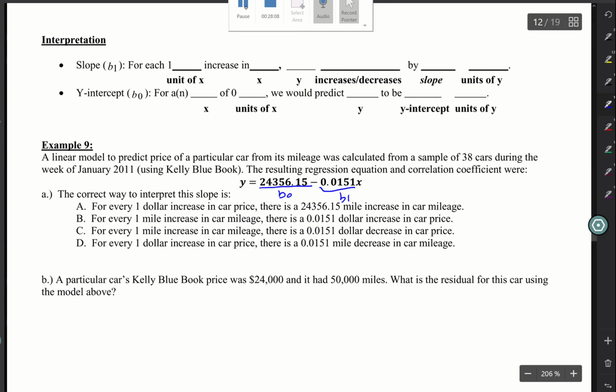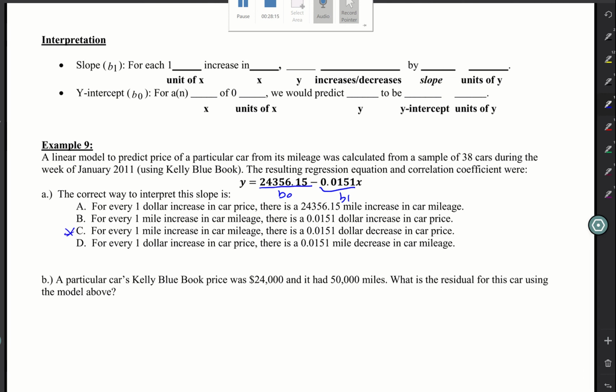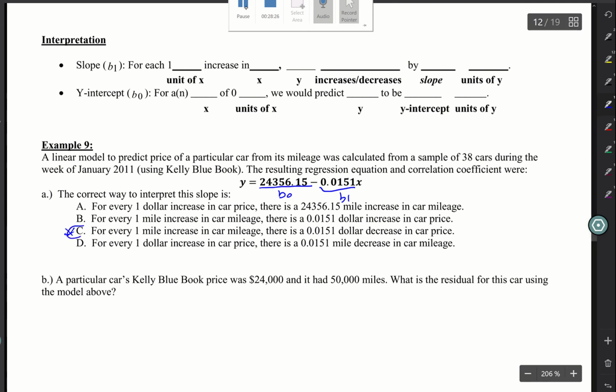That sounds more right. All right, so let's put a star there. For every $1 increase in price, there is a $0.0151 mile decrease in car mileage. We're not increasing the car price 1 unit, so it kind of looks like we're looking at C. Why are we choosing C over B?